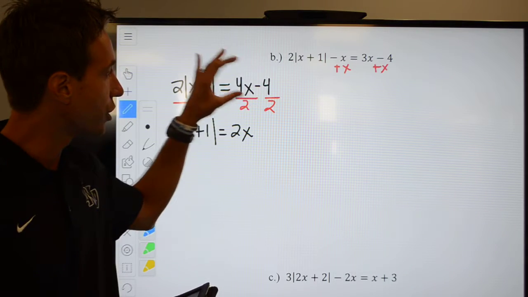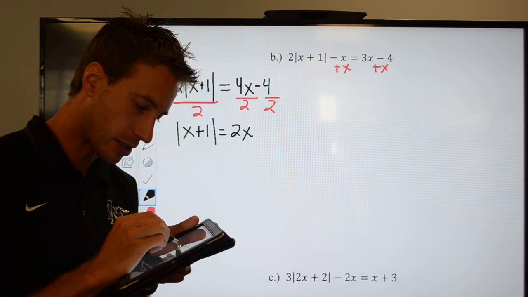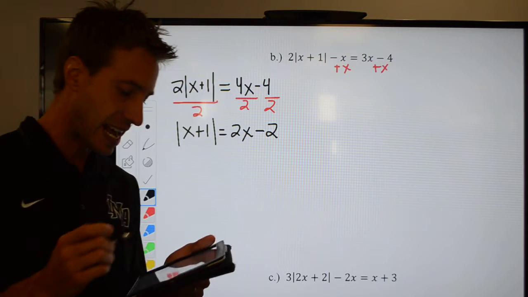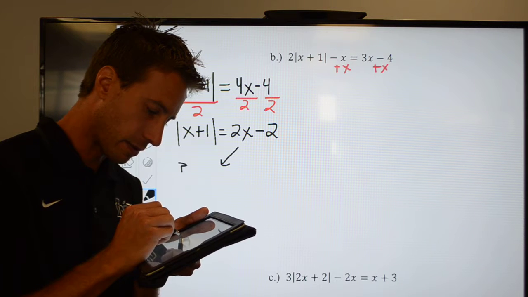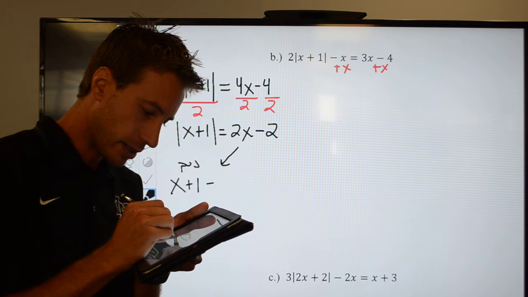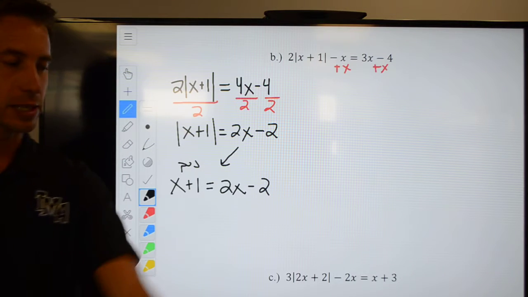Just like in this fraction, the 4 and the 2 will reduce to a 2, but it's negative, so it'll be a minus 2. Now we're all set to do our positive and negative version. So here we go. Positive x plus 1 is equal to 2x minus 2. Let's go ahead and keep things positive if I can.